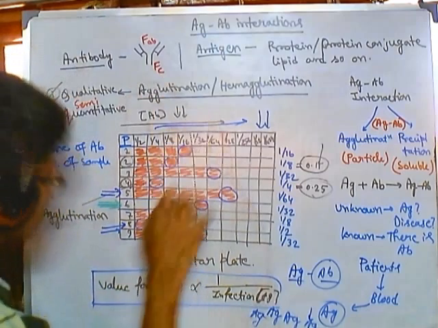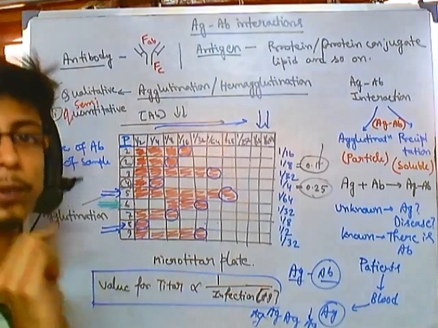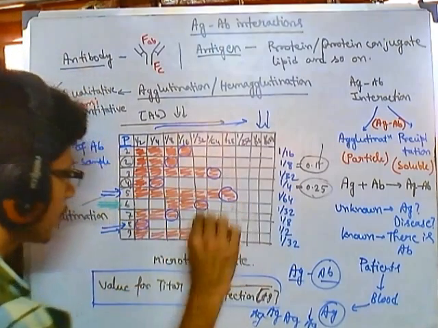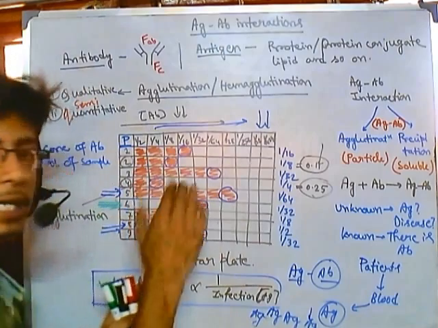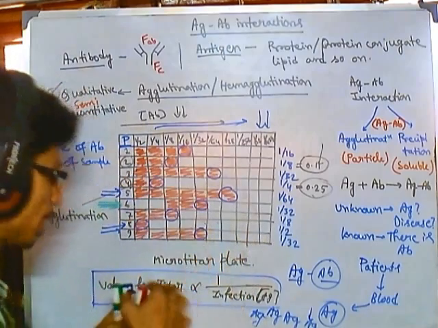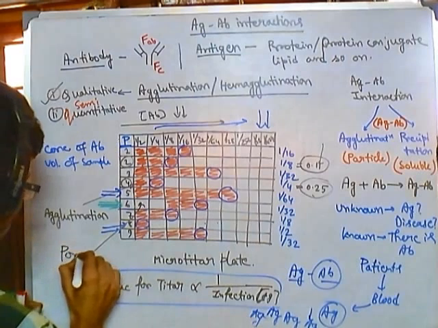Now if we get this kind of result, we call these regions the prozone effect. When we don't get agglutination at the higher concentration of antibody but get the result at the lower concentration of antibody, we call this a prozone effect.